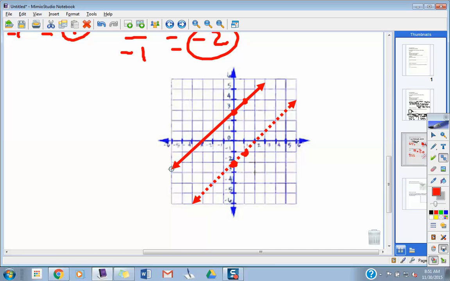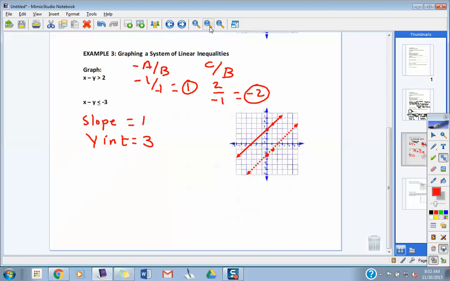Guys, if I plug 0, 0 in here, this says 0 is less than or equal to negative 3. Is that true or false? It's false as well, isn't it? So wouldn't I go away from 0, 0 here?